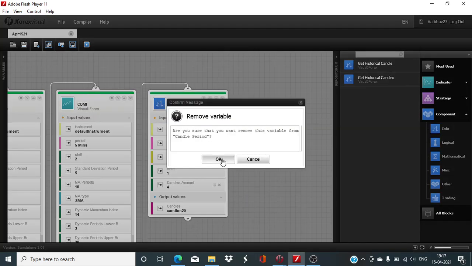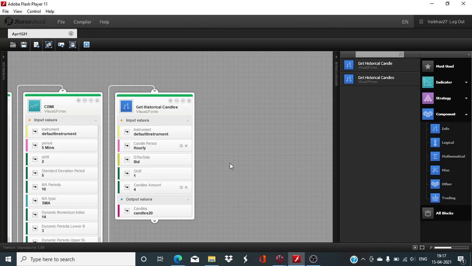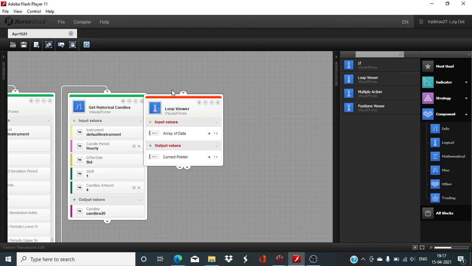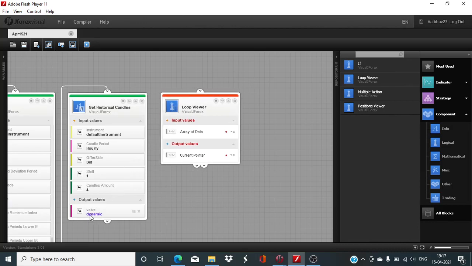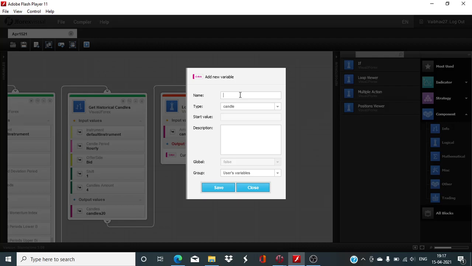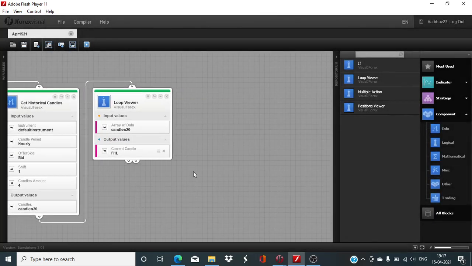This I will change to hourly. Okay, and to retrieve its components, we will need a loop viewer, which is included under the logical blocks. I will name it FHL. Okay, so far so good.